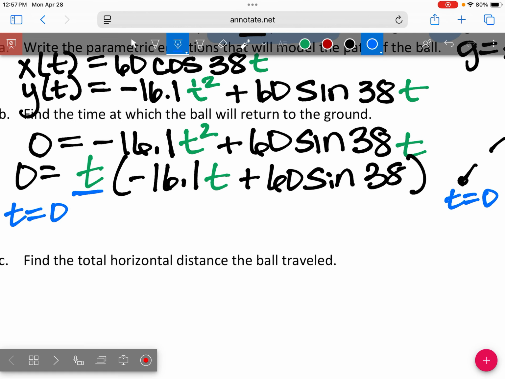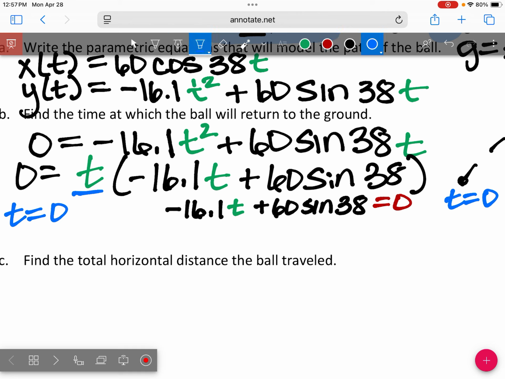So what I need to do is set what I have inside of the parentheses equal to 0. Now keep in mind that this is a number. So I'm going to subtract that from both sides.